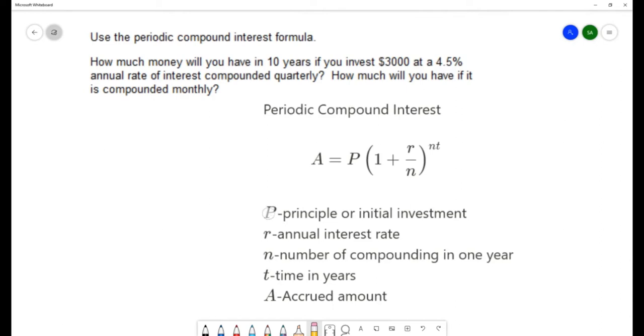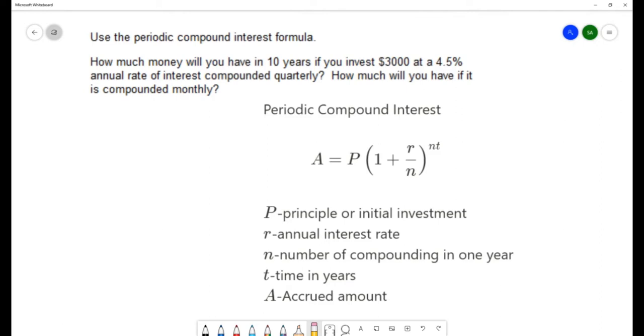We have P, which stands for principal, or your initial investment. So P is your beginning amount of money. r is the annual interest rate. n is the number of compoundings in 1 year. t is time in years. And A is the accrued amount.